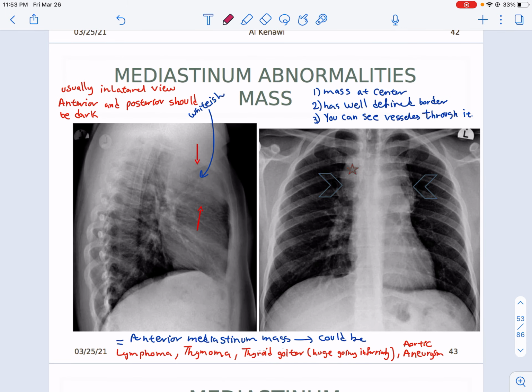For the mediastinum abnormality, we can have a mass in the mediastinum.